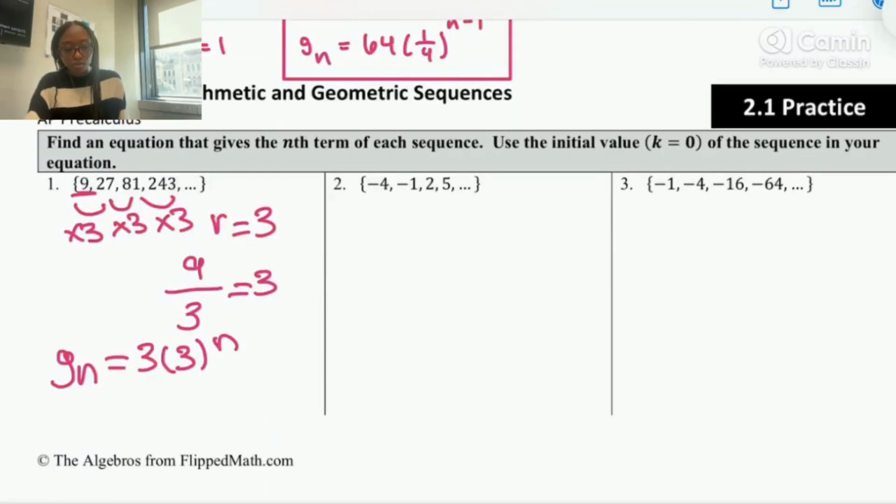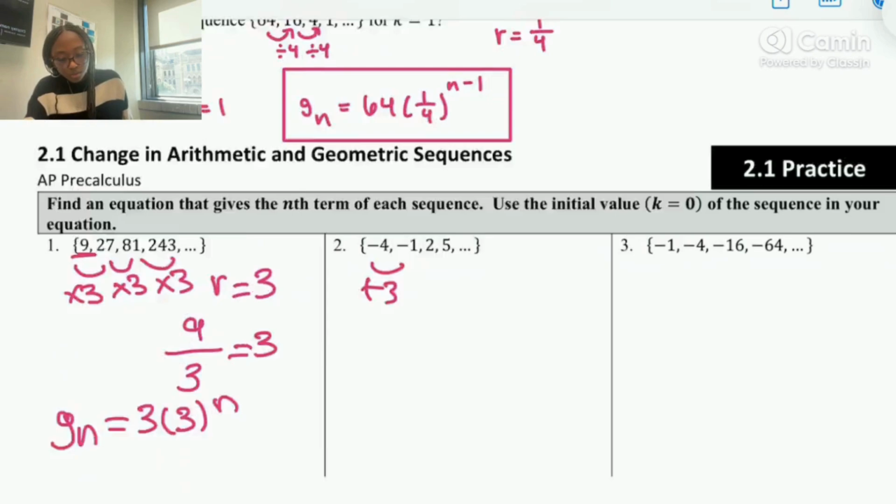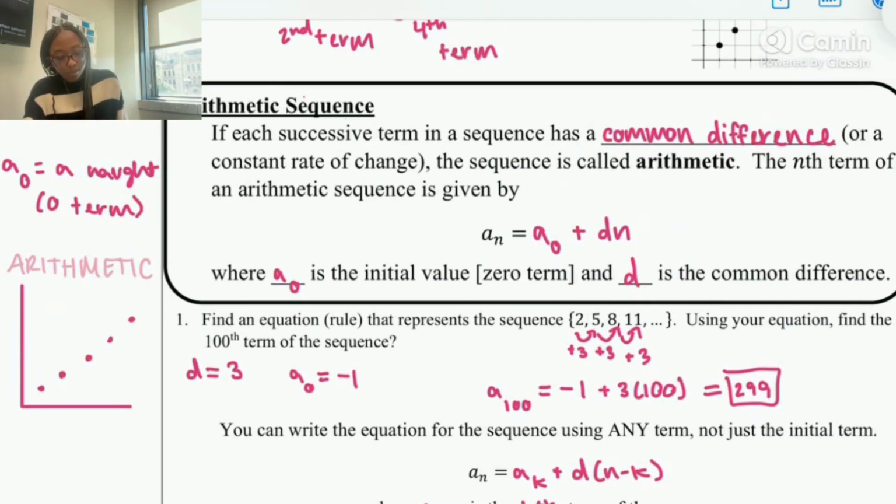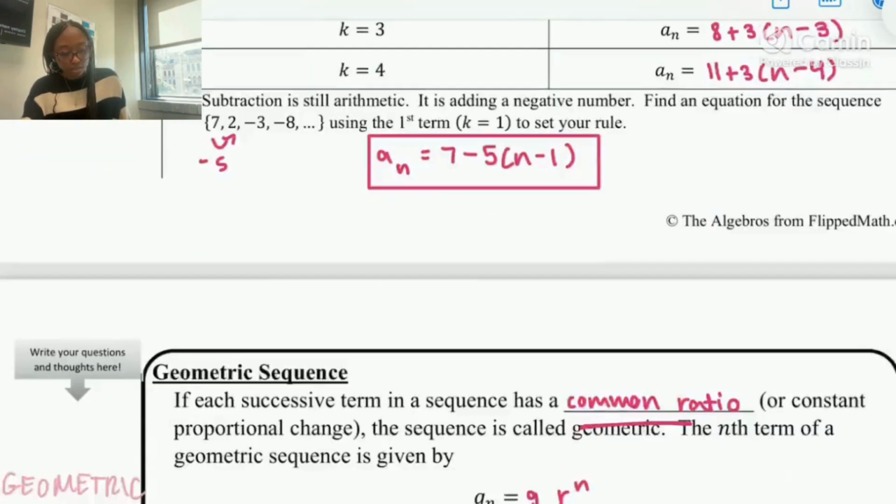And now for number 2, we see that we have an arithmetic sequence as we go up plus 3 each time. So going back to our formula, we have a of n equals the initial term, or our 0th term, plus the common difference times n.